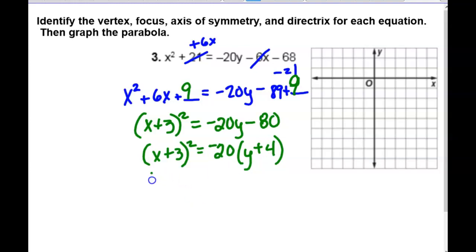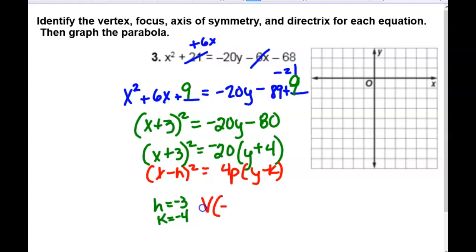All right, vertex. I suppose I should write that. I have been real good about that and I don't want to stop. Underneath here, let's write x minus h squared equals 4p y minus k. All right, so the vertex is at -3, -4.